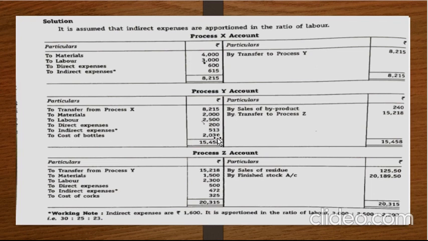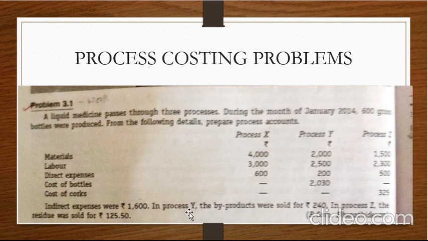So now you need to check, is there any output gone out of Y? Yes, in the question they have stated, in process Y, the byproduct was sold for rupees 240. So I've told you all what is byproduct. Byproduct is when you start manufacturing a process, the remaining particles or the unused particles of that product can create a byproduct.